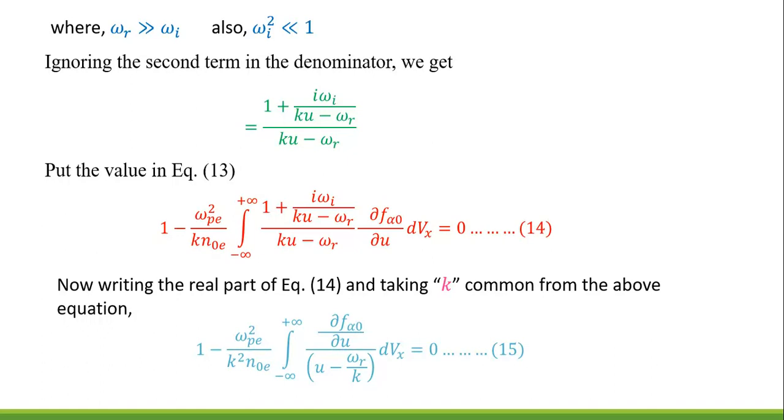We will take it into account to get the imaginary dispersion relation of the electron plasma wave. But right now we are just deriving the real dispersion relation of the electron plasma wave. So in equation 14 I'm just taking the real part, and this equation 14 in the real part looks like equation number 15.